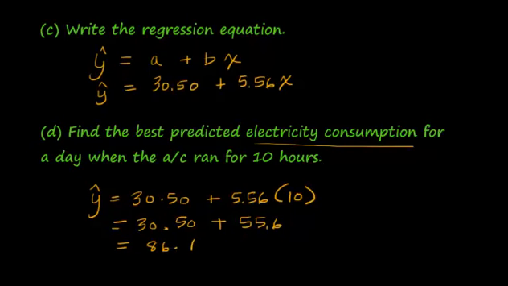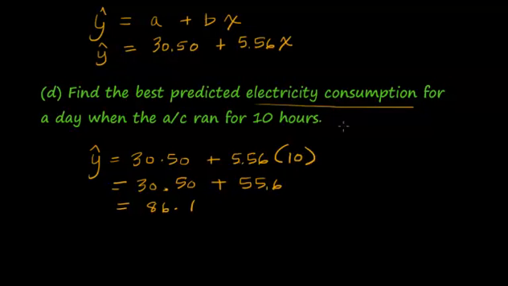So our best predicted electricity consumption for a day when the air conditioner ran for 10 hours is 86.1 kilowatt hours. So there's a complete correlation test and regression analysis.